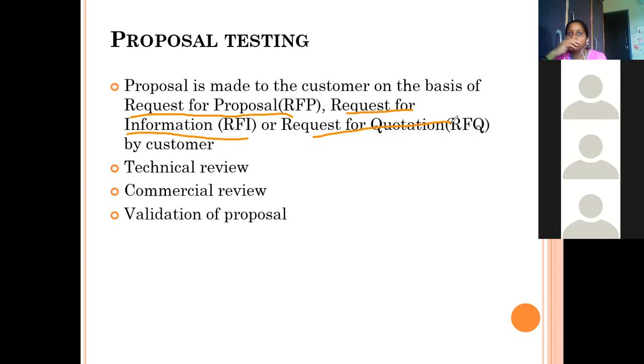Okay, so that kind of contract will be there. But if in the first project itself the organization fails to give proper output to the customer, then there is no question of a next or forthcoming project for that particular organization.